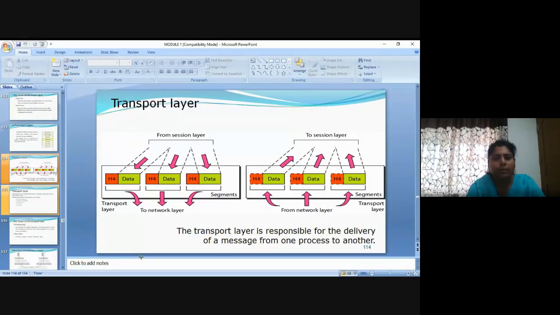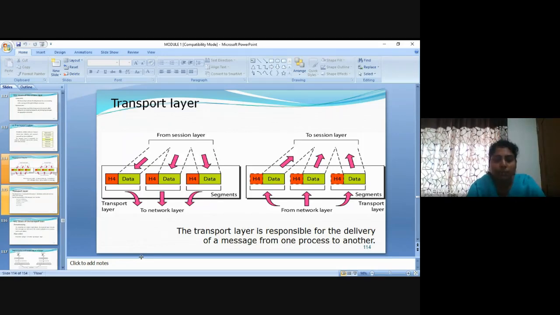Now the third function is called error control. Error control means sometimes the message may reach the destination in an incorrect way, or something happens during the transmission.